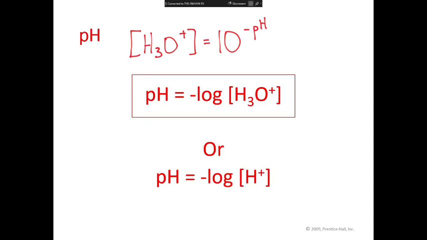That's kind of the reverse of a logarithm, is taking 10 to the power of something there. So this is another important equation that we'll use quite a bit. H3O plus is 10 to the power of negative whatever the pH is. That way you can go forwards or backwards, whether you're solving for pH or using a pH to get the H3O plus.